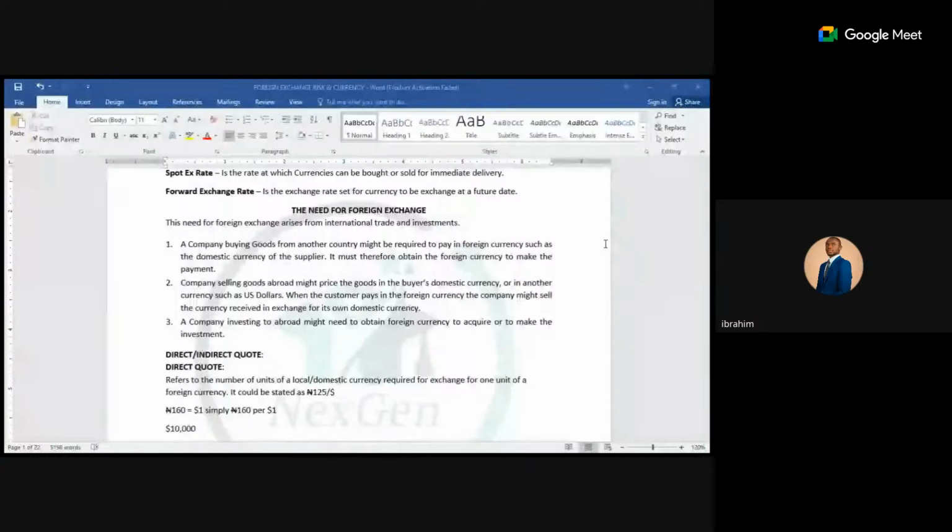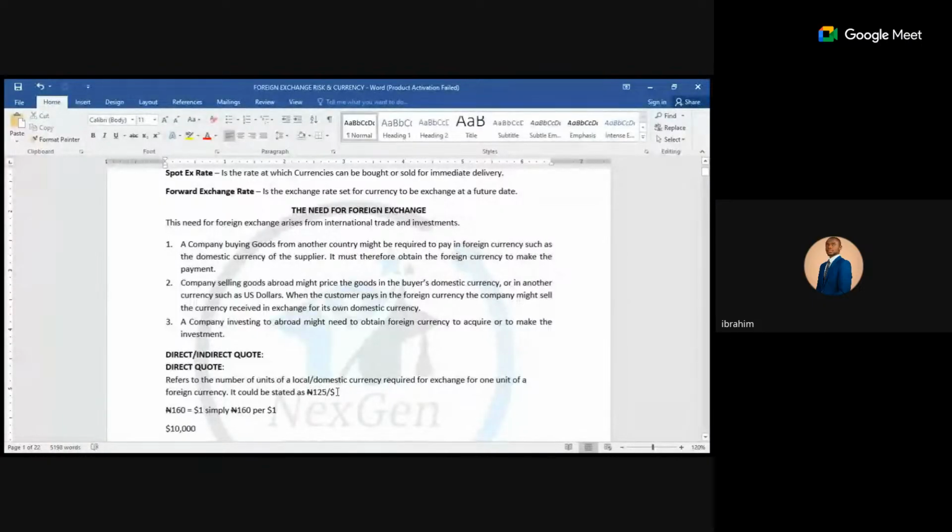And one of them is the direct quote, right? The question is, what is a direct quote? If I use this illustration, the spot rate as at today, for instance, for the purpose of this class, is 125 Naira to $1.